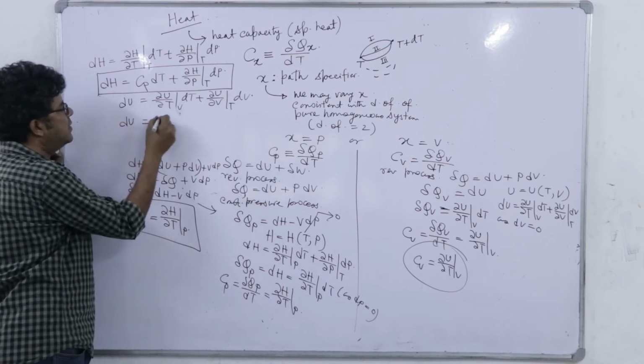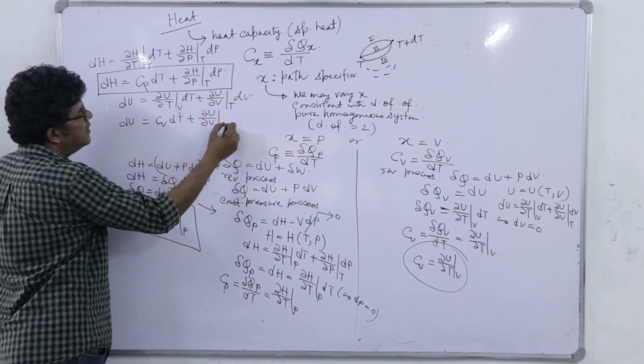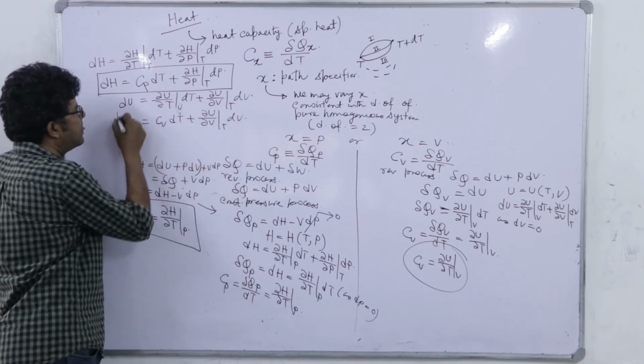So here dU is equal to Cv dT plus del U del V at constant T dV.